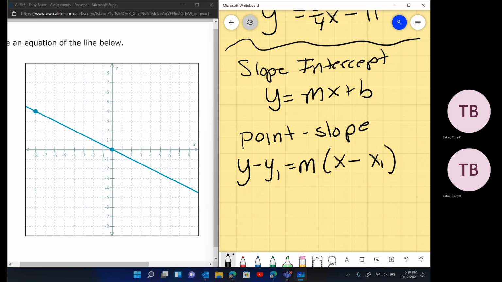You can use either one of these. It really depends on what they give you in the graph. If they gave you just a point on the graph, but not the one that crosses the y, I would use the point slope equation. If they gave you the point on the y-axis, I can use the slope-intercept because I have the intercept.